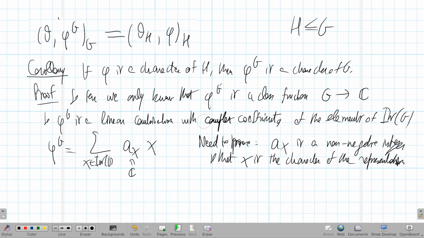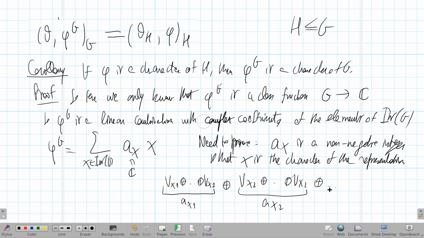Let's write this explicitly: a chi1 v chi1, a chi2 v chi2, and so on. Let me write and then I'll explain what this is.